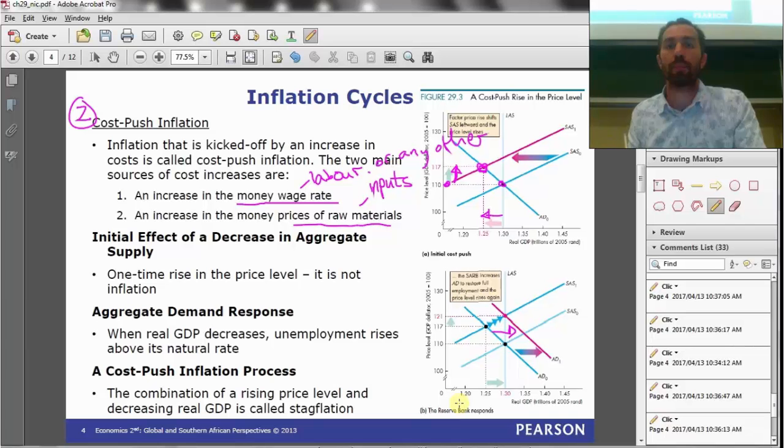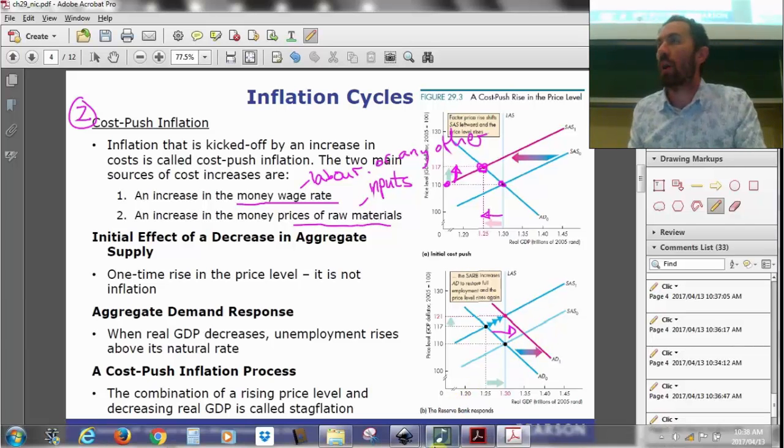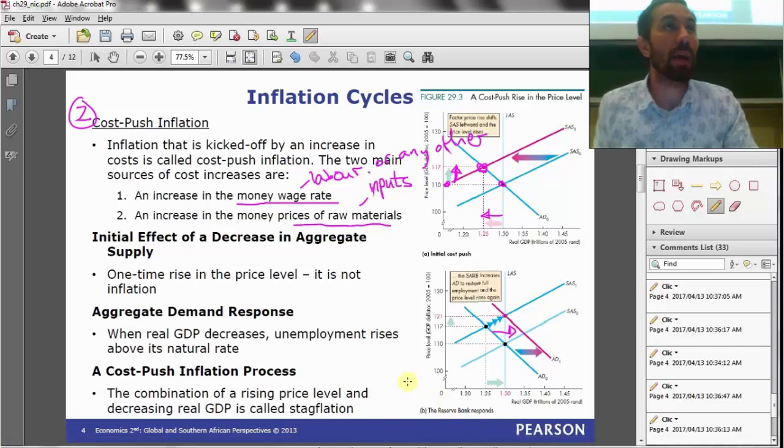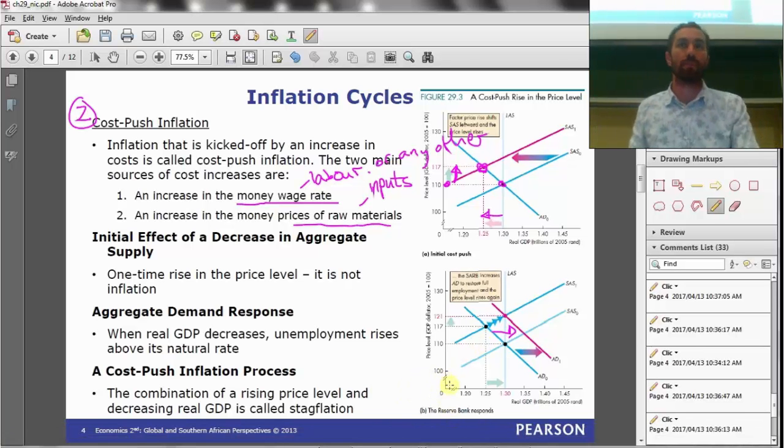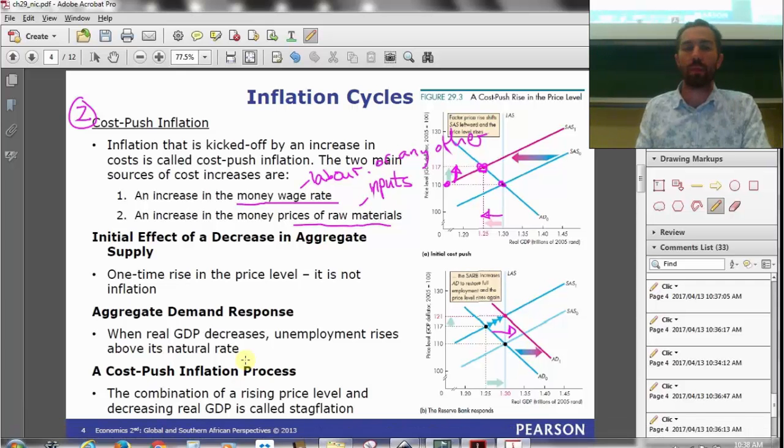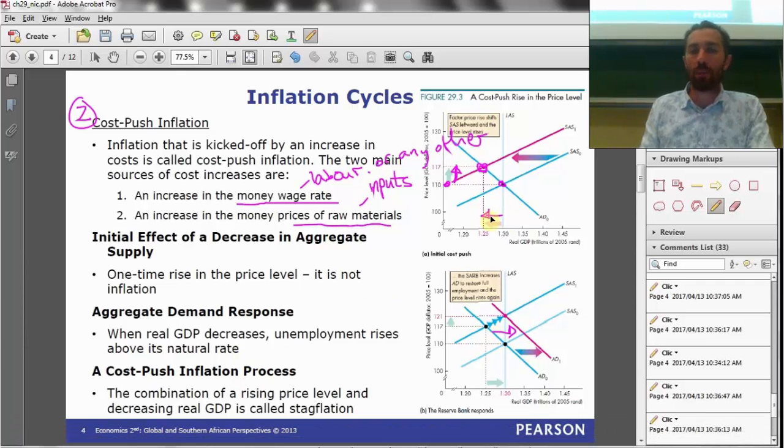An increase in government spending would shift aggregate demand. Alternatively, government could decrease taxes to promote consumption spending and investment spending, which shifts aggregate demand to the right. So in response to those higher prices and lower output, we could have a shift in aggregate demand to the right.